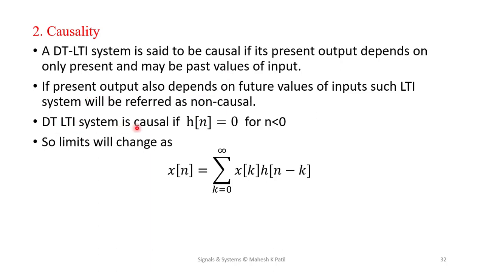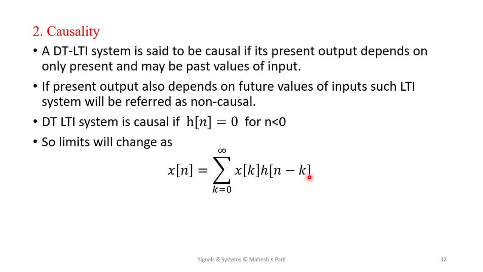The DT LTI system is causal if h of n is equal to 0 for n less than 0. If we consider this situation, then the limits in the equation will change. The changed limits are, instead of minus infinity it is 0, so k varies from 0 to infinity, x of k h of n minus k.